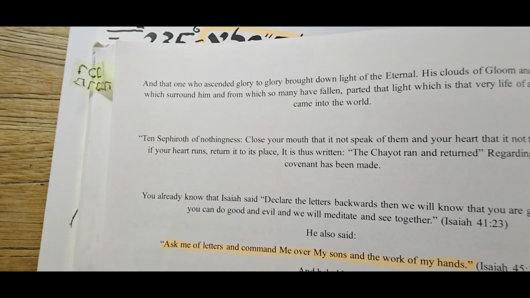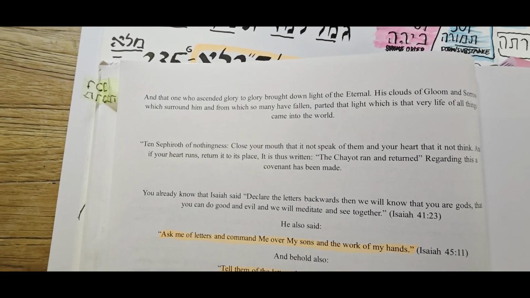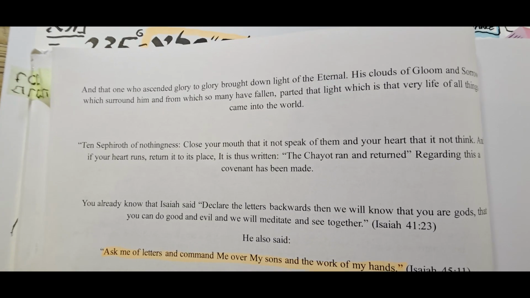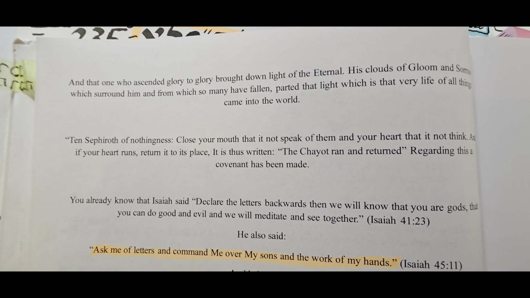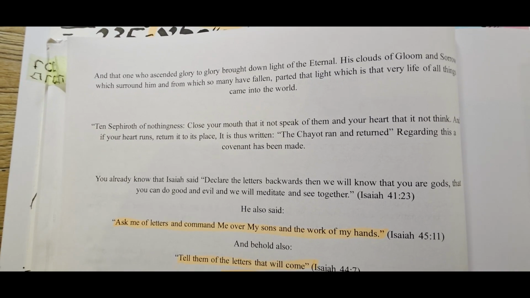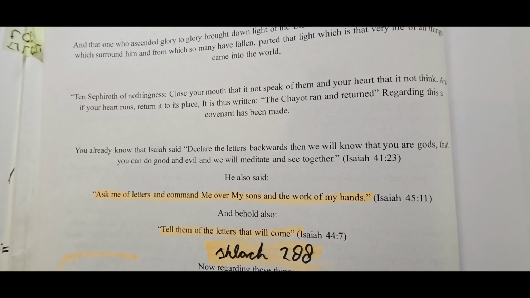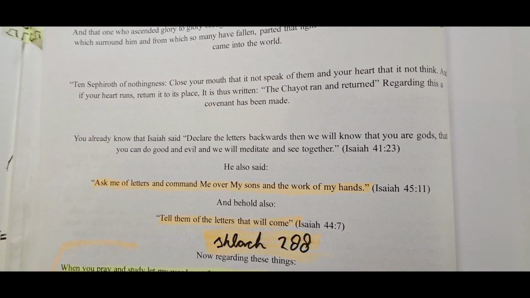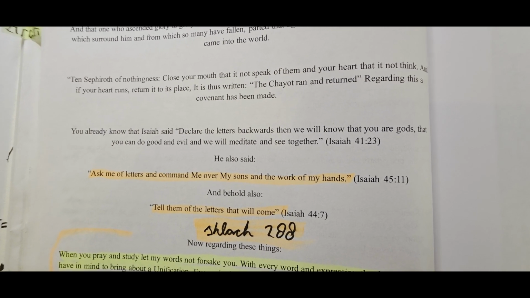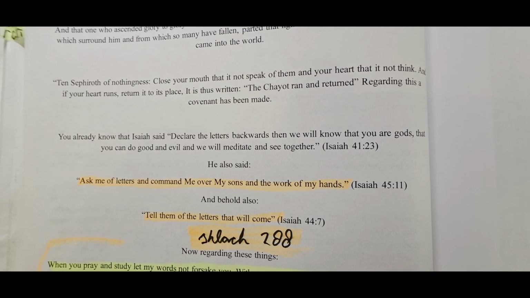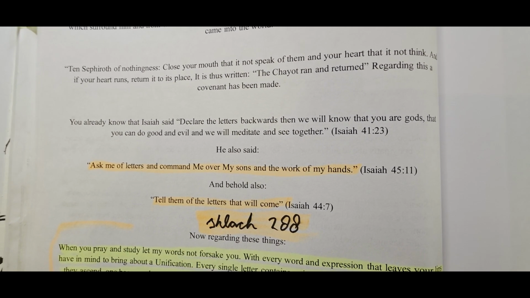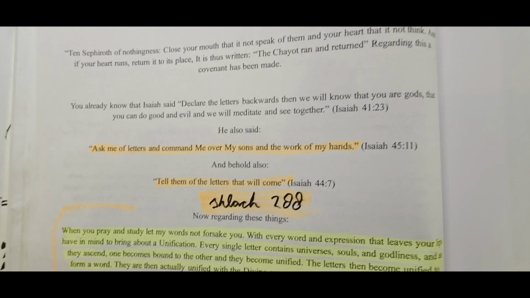And that one who sends glory to glory brought down light of the eternal, his clouds of gloom and sorrow which surround him, and from which so many have fallen, parted that light which is that very life of all things came into the world. The 10 sephirot of nothingness, close your mouth that it not speak of them, and your heart that it not think. And if your heart runs, return it to its place. It is thus written, B'chayot ran and returned. Regarding this, a covenant has been made.